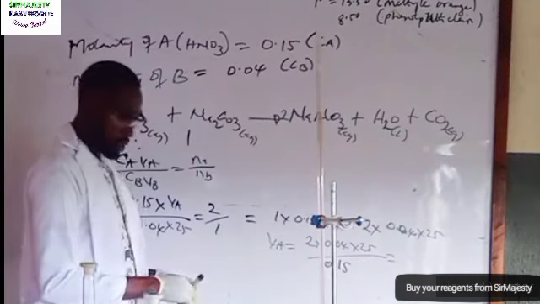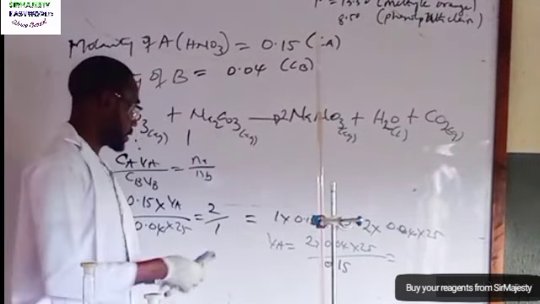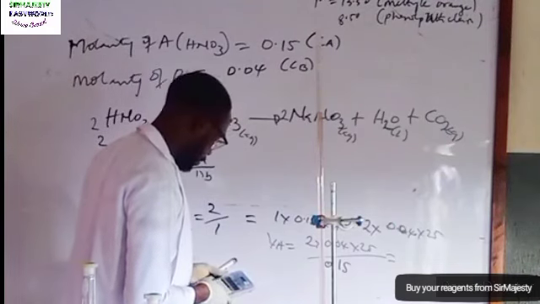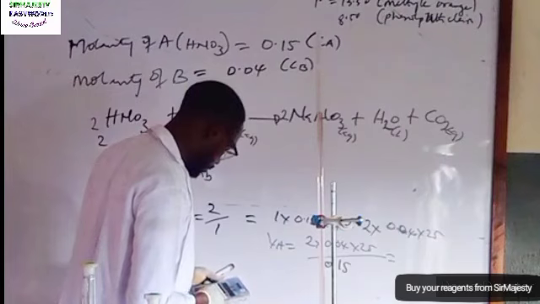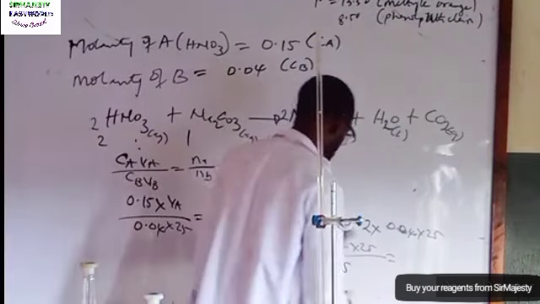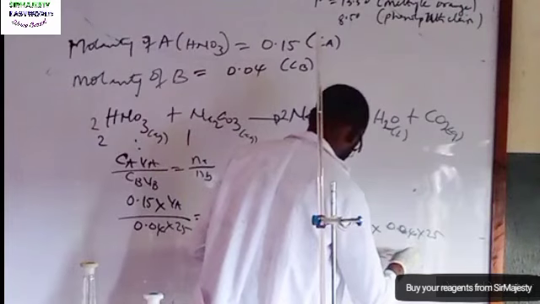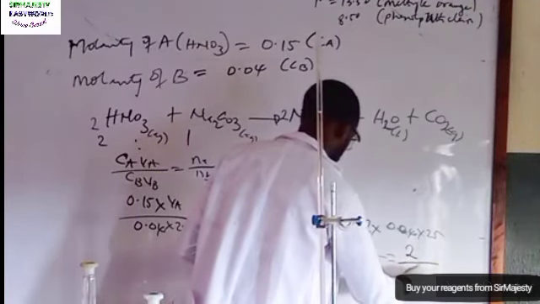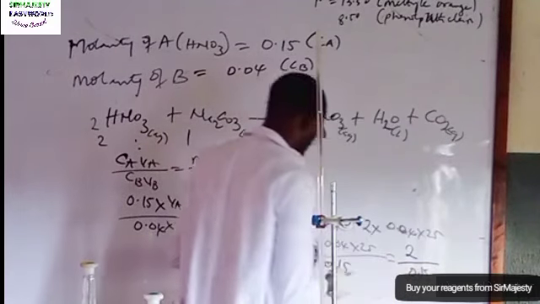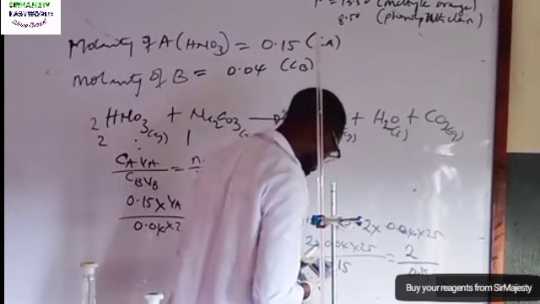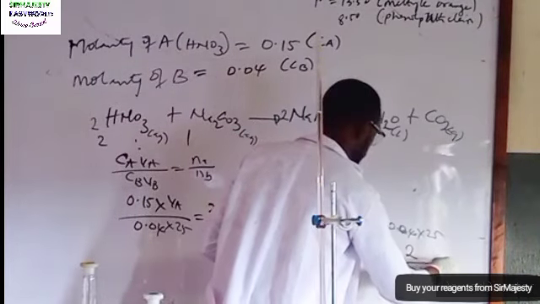From the calculator department, 2 times 0.04 times 25 is equal to 2. Then 2 over 0.15 is 13.33.